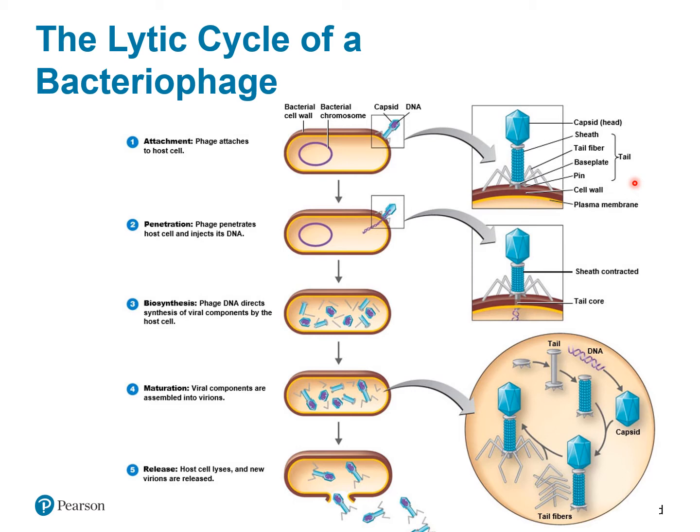Once they go ahead and do that, the tail sheath contracts, kind of like a spring, and you can see it actually contracting right here. And then after it contracts, the tail core actually bores itself into the cell wall of the bacteria, and the nucleic acid gets injected into the bacteria.